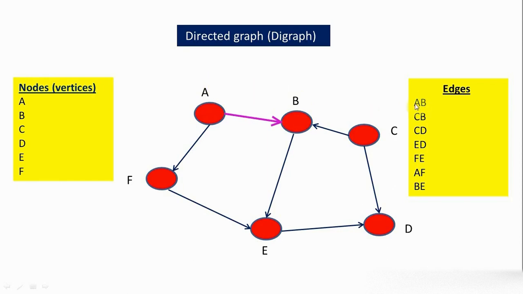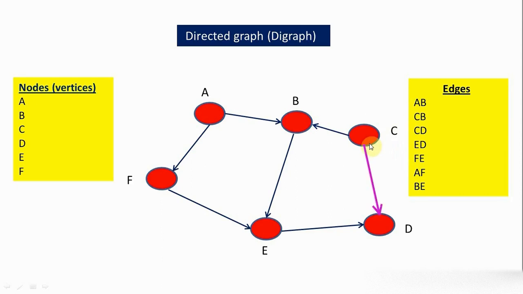BA is not the edge in this example, because the arrow is from A towards B. Similarly, you can see that there is no edge BC. Why? Because the path is moving from C to B, so that you can see the arrow. So hence we can say that the edge is CB and not BC.